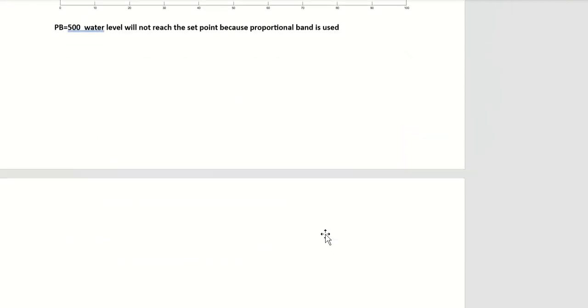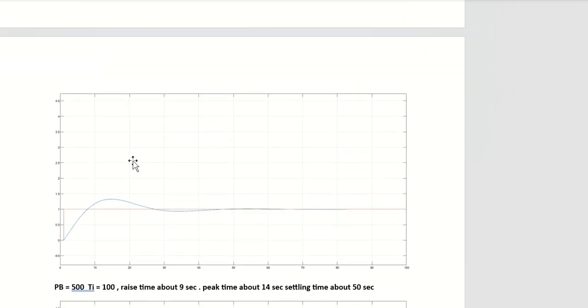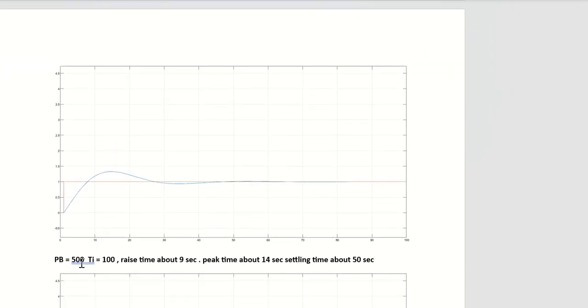Just to show you an example of what we did, I went further and tuned it with PI settings, P and I, with PB at 500 and TI at 100: rise time about 9 seconds, peak time about 14 seconds, and settling time about 50 seconds.